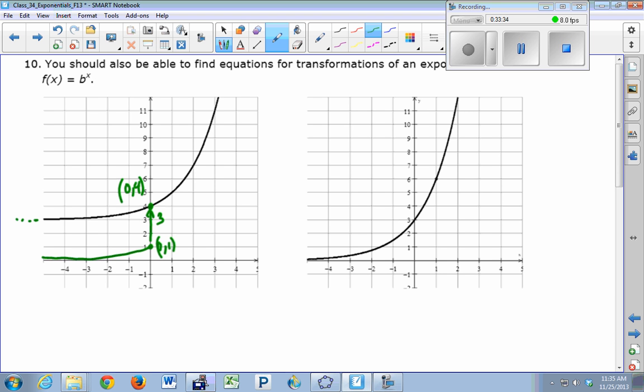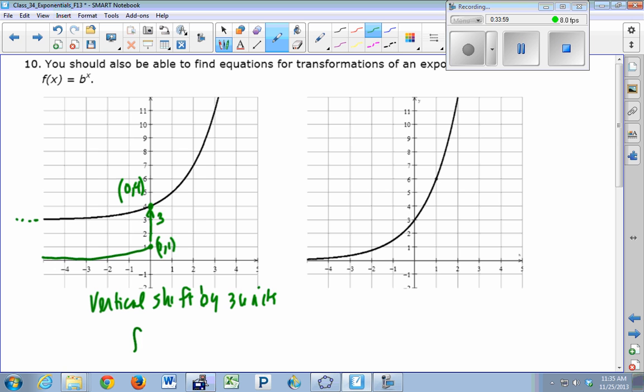Well, when we stretch a function, we're still going to keep our same horizontal asymptote, but notice this entire function just got moved up the whole y-axis, right? Every single y value just got bigger by 3. So this is a vertical shift by 3 units.